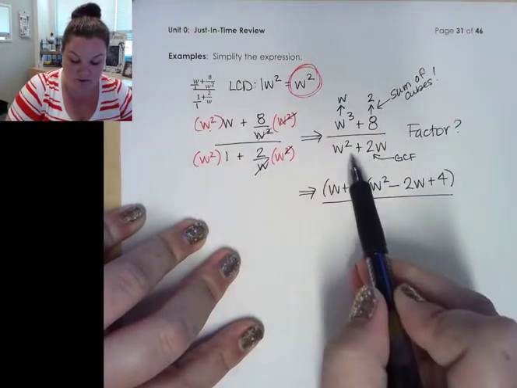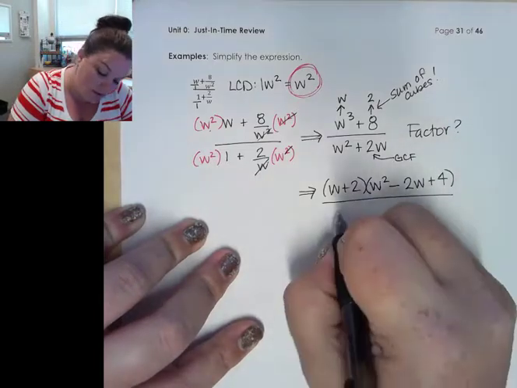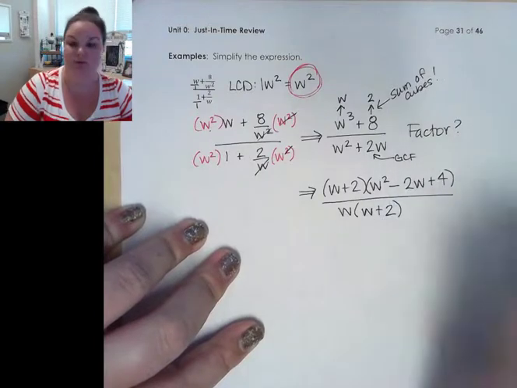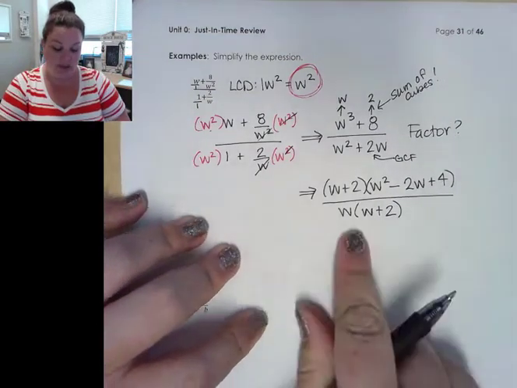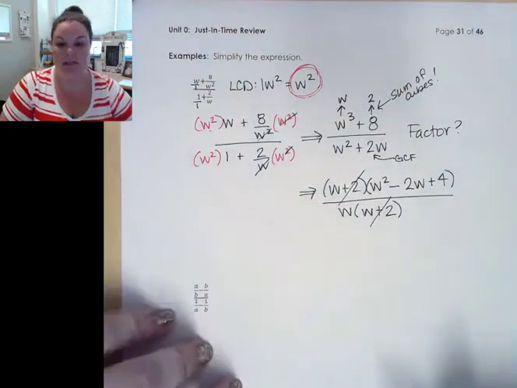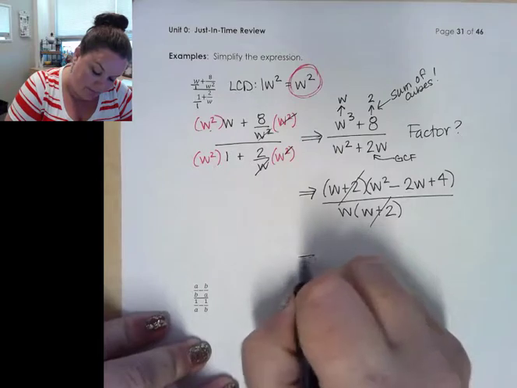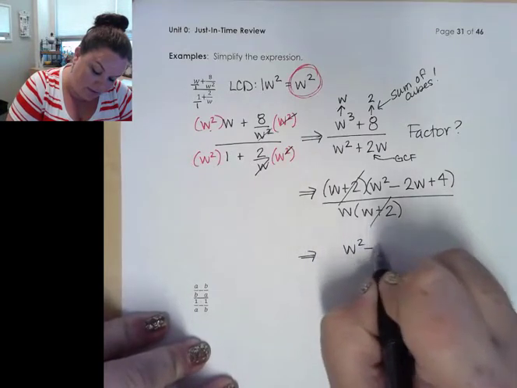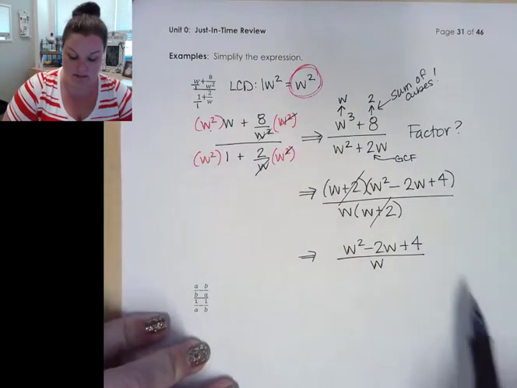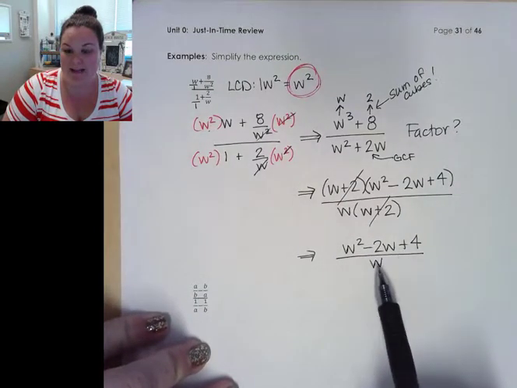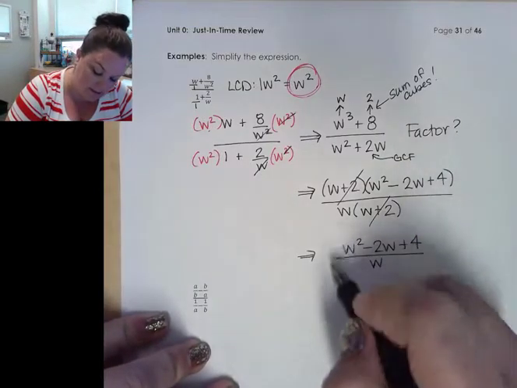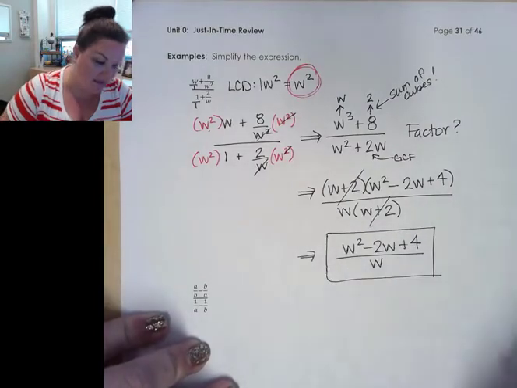So greatest common factor, what they have in common is a w. And if I take out a w, I'll be left with w plus 2. Okay, so you can clearly see that I have a w plus 2 on top and bottom. And once I cancel that out, I will be left with w squared minus 2w plus 4 all over w. This one doesn't factor any further, and I can't reduce this w because all these terms are stuck like glue with these plus and minus signs. So it just stays like that.